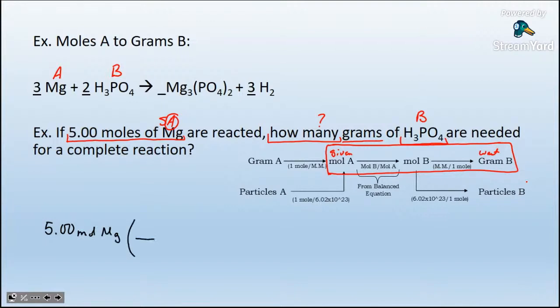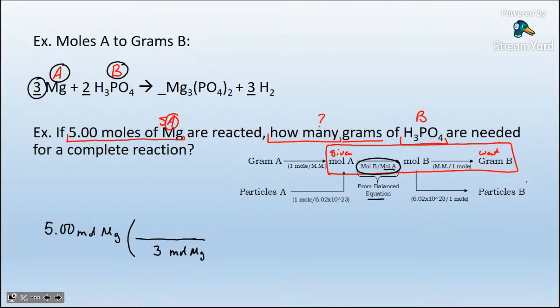My first conversion factor, again, I want to cancel out moles of magnesium, which means I will need moles of magnesium in my denominator. And according to my balanced equation for substance A, there are 3 moles. So my 3 moles of magnesium, which again matches what the roadmap tells me, moles of A from that balanced equation in my denominator, and then moles of substance B on top.